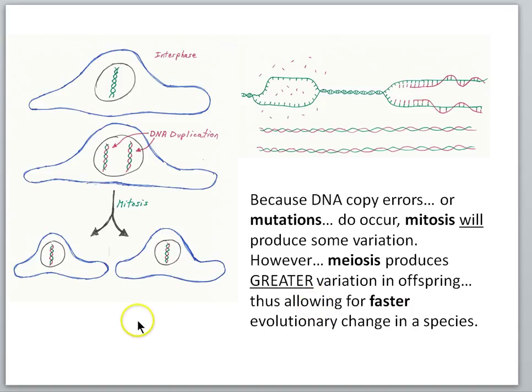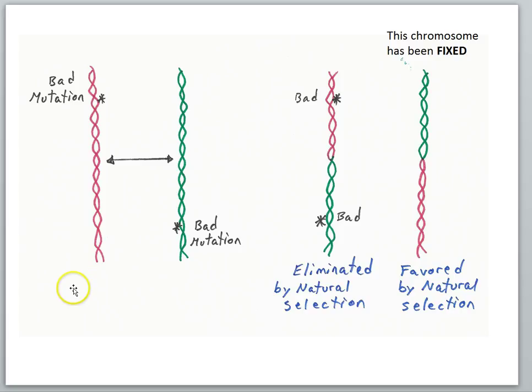Now, in this lesson, we'll look at another advantage, another way of looking at the benefit of doing meiosis and reproducing sexually. And to see that, let's take a look at that recombination scenario that we saw in the previous lesson. Here we have the red chromosome from dad, and the green chromosome from mom.